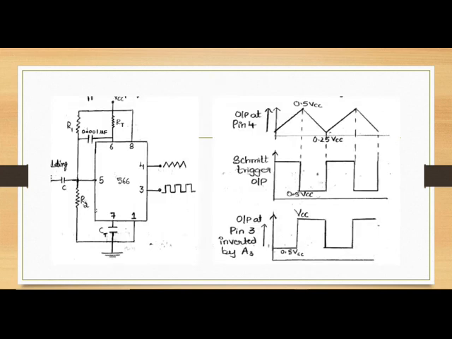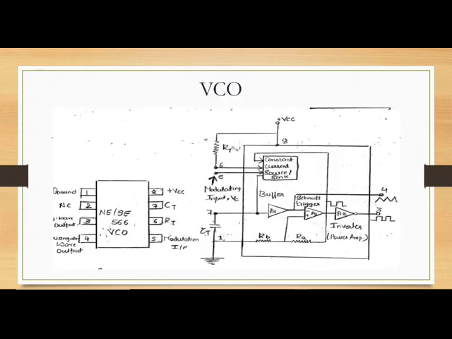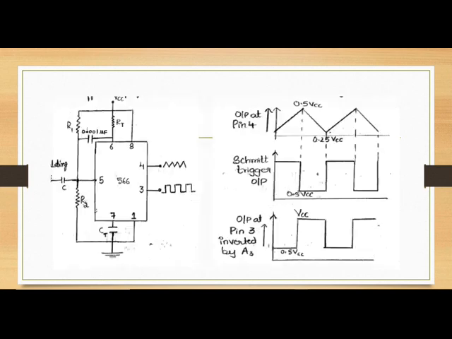Now the output frequency of the VCO is dependent on the timing capacitor, the external resistor RT, the control voltage or modulating voltage VC, and the supply voltage VCC.